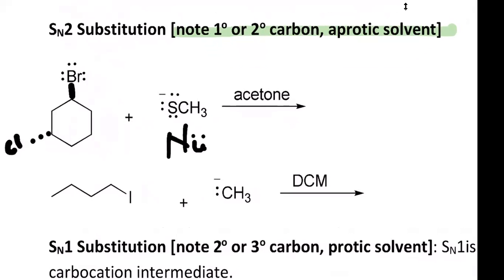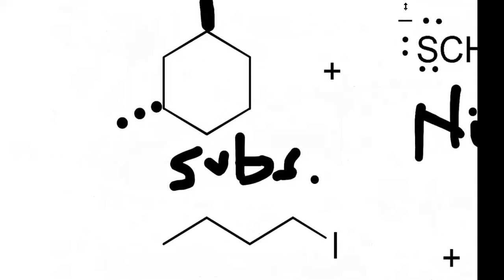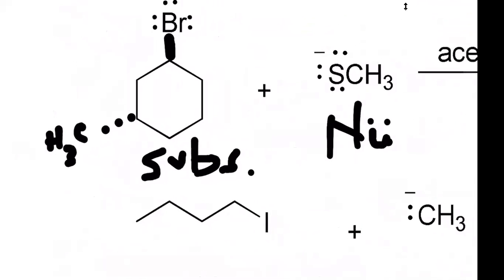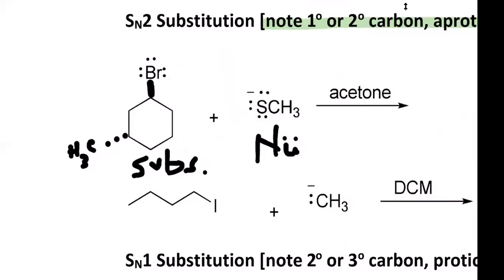This is my substrate, or my electrophile. Let me change this other piece to a methyl group, because I don't want to confuse you as far as the leaving groups are concerned. So the bromine is my leaving group.